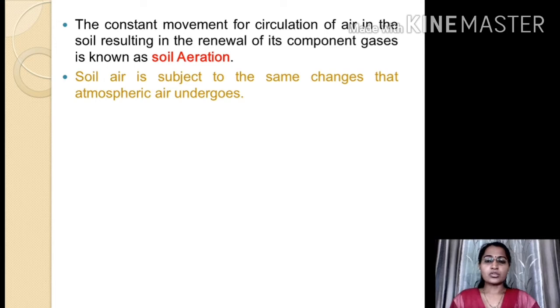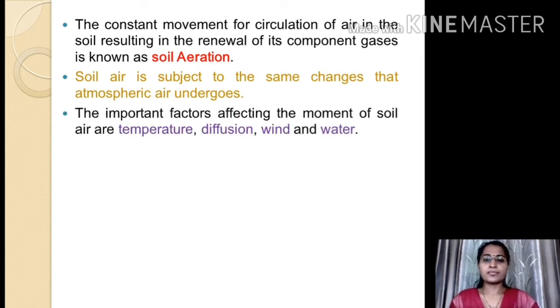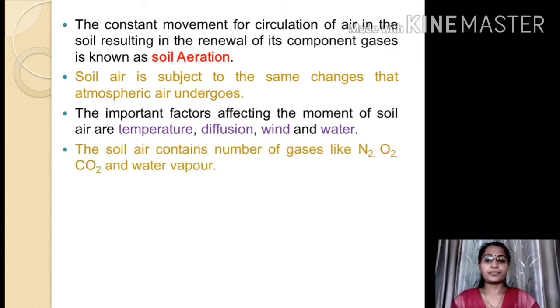Soil aeration or soil air is subject to the same changes that atmospheric air undergoes. There are some factors which affect the movement of soil air, that are temperature, diffusion, wind and water.